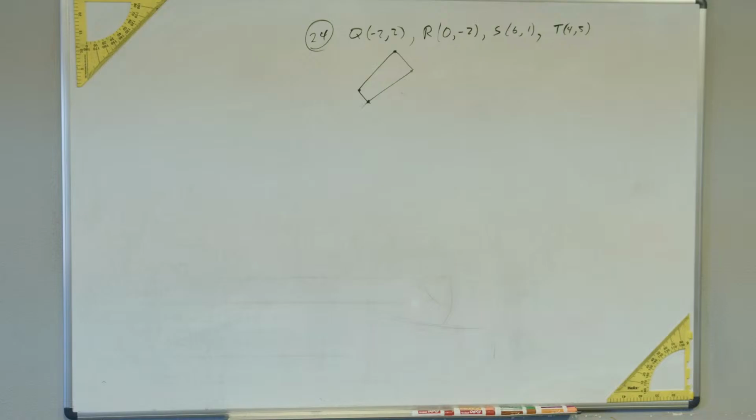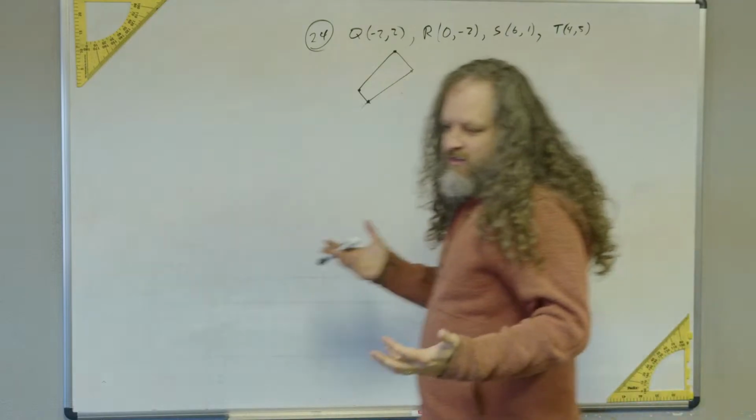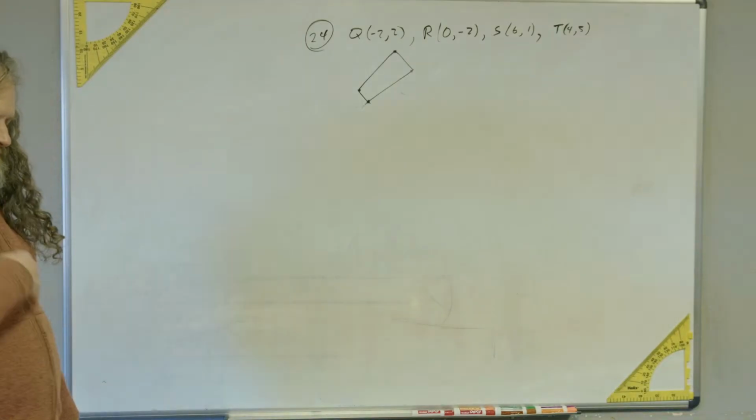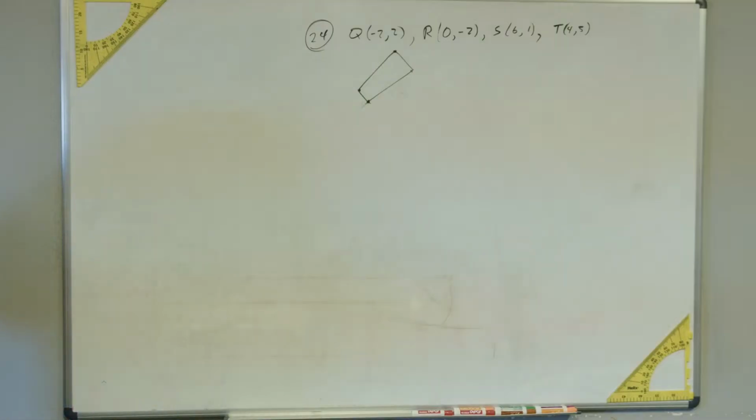If it let us use the angles, then we could see if they were perpendicular, so see if their slopes are opposite reciprocal. But it wants us to use the distance formula, right? So what other thing do we know about rectangles? Their diagonals. That's true. What do we know about their diagonals?